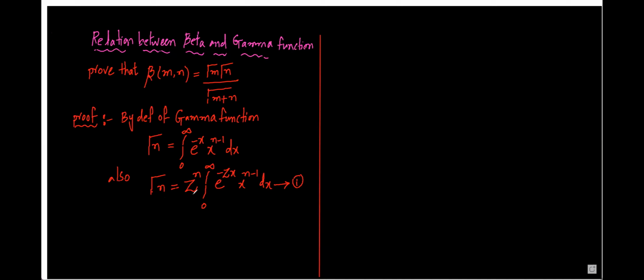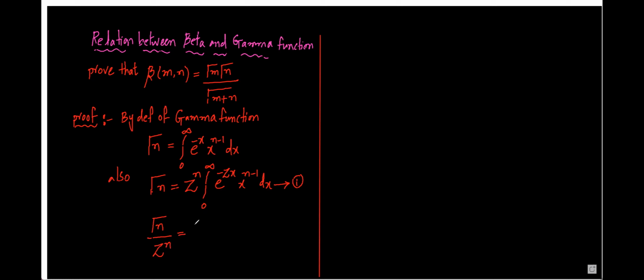simplification of this equation number 1. The multiplied term z power n, we can divide to this side. So this is gamma of n, and the multiplied term comes to the denominator, so it will become z to the power of n here.